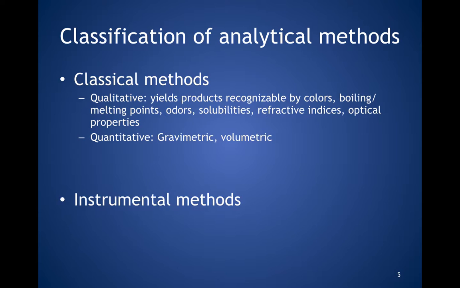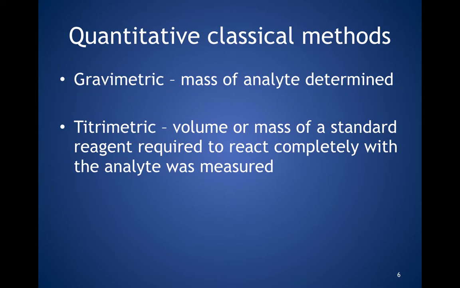Now, what is the difference between these two types of techniques? The classical does not use expensive instrumentation. It's more of a manual kind of analysis. In other words, it takes longer to do the analysis. However, instrumental methods are faster, because they deal with sophisticated instruments.